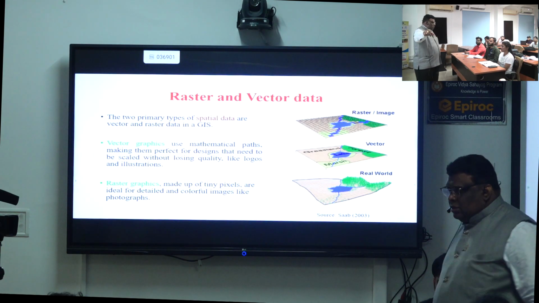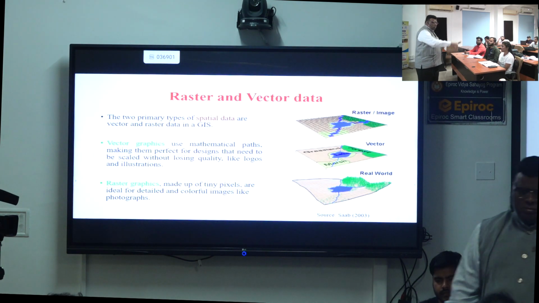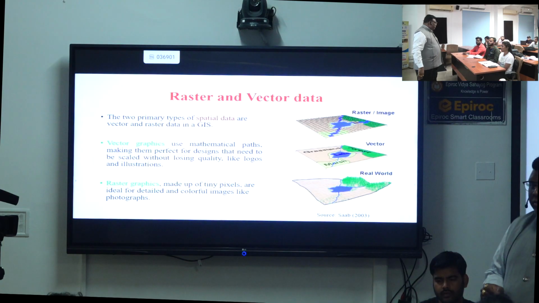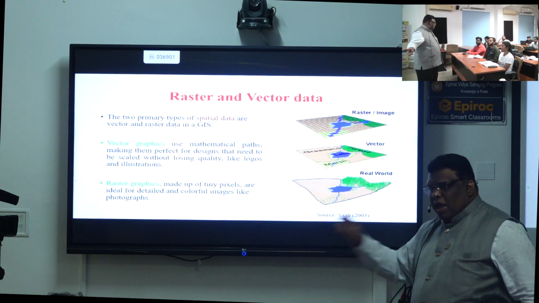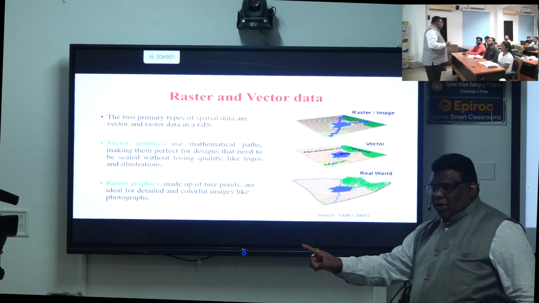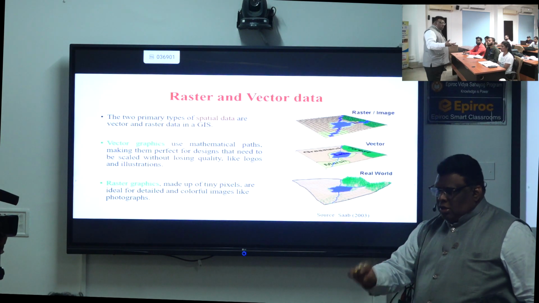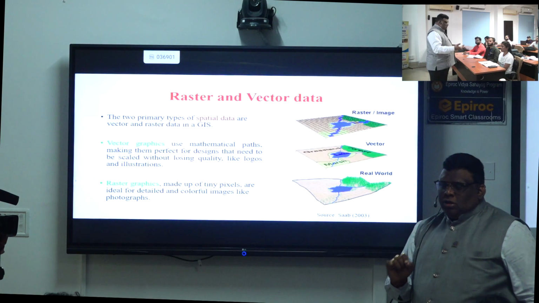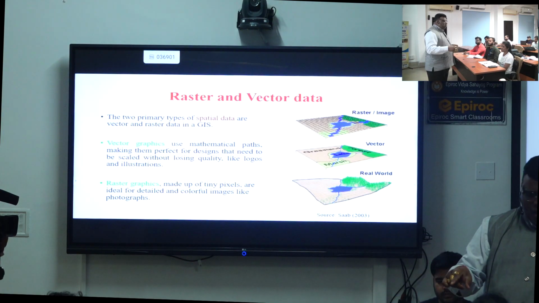Whereas vector means coordinates, with an x-axis and y-axis. You can point to x1, y1, and you have a dot. That is a vector.